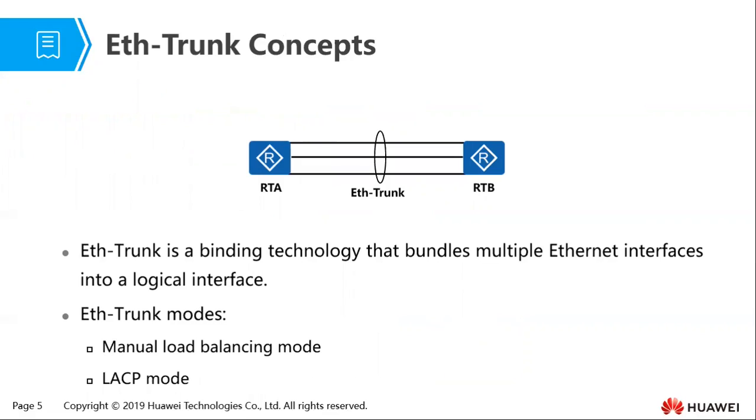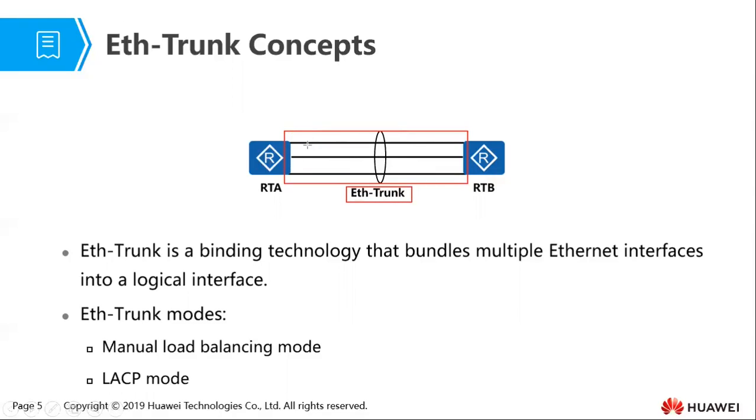So a few concepts, most of this just reminders from the previous module. As we said, we have an interconnection between RTA and RTB. We can always bundle this into a single Ethernet trunk.